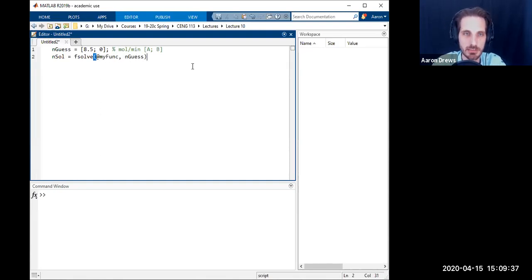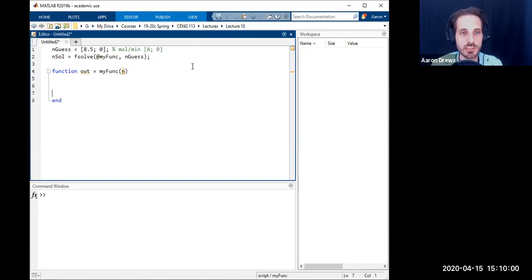I still haven't done it, starting from my initial guess. And then once I have that initial guess, I'll then be able to go back and calculate my conversion. So this is where I would get started. I would start off with something like this. Now, the harder part becomes, well, how do I fill in all that stuff within the function?